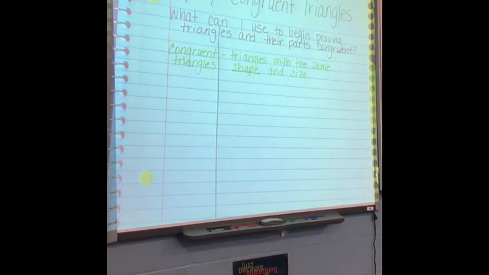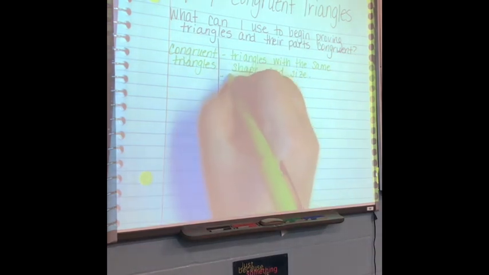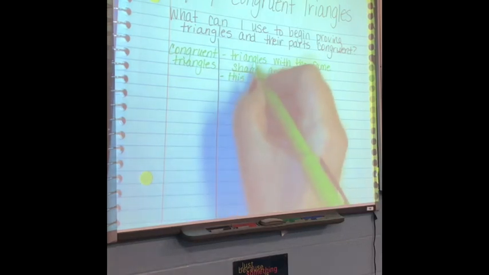What this means for triangles is that you have corresponding angles and sides that match up to each other, and those corresponding parts are also considered congruent if the triangles are congruent.